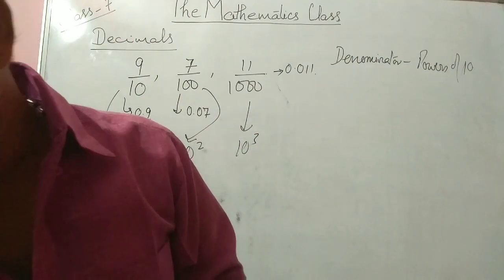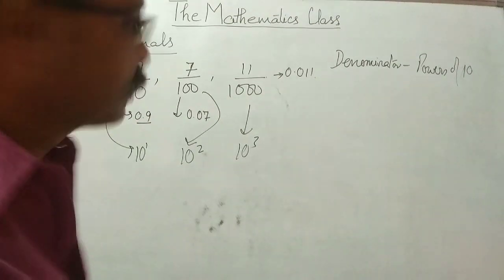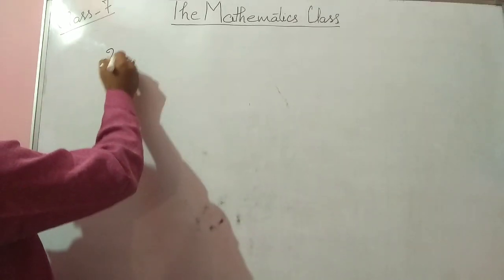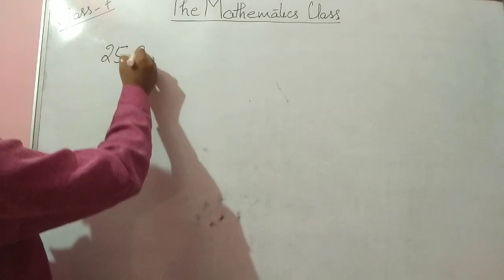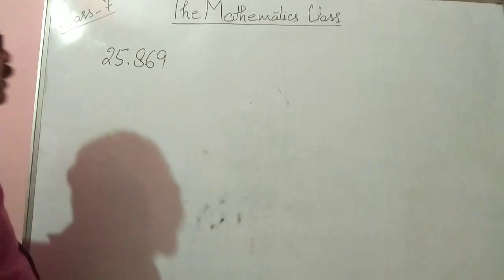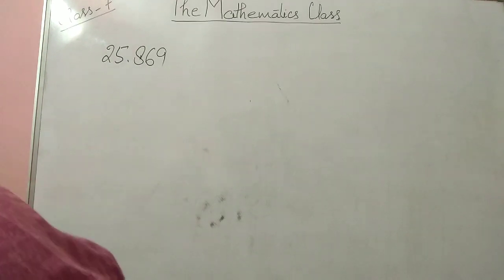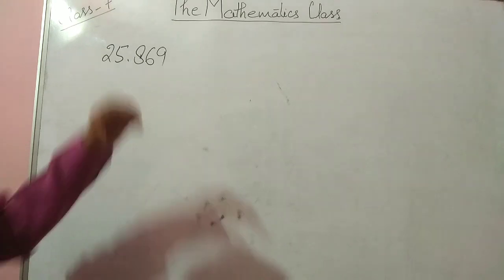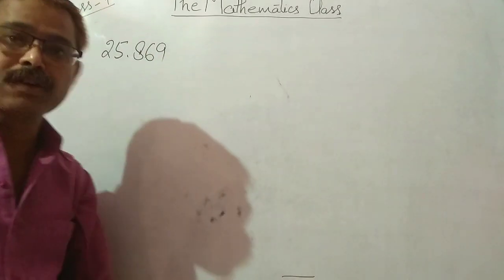Now let us take an example, 25.869, and suppose it is said that you write the number in the expanded form. What is the meaning of this?